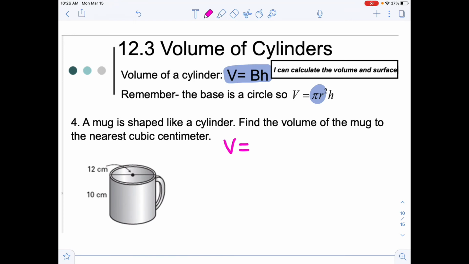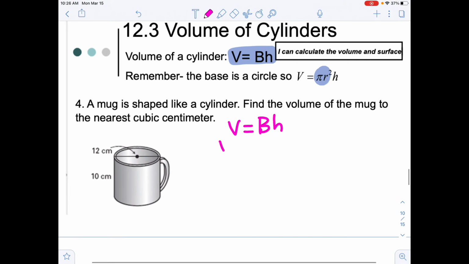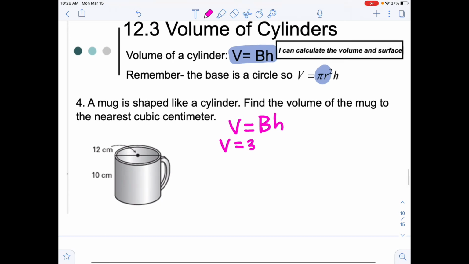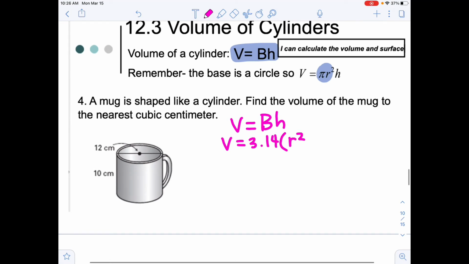So volume equals area of the base times height. The area of my base is a circle, so pi r squared, so 3.14 times r squared, and then times the height of my cylinder. So I'm going to plug in what I know. 3.14 times the radius is from the center to the outside.